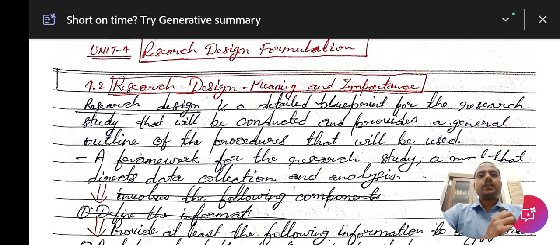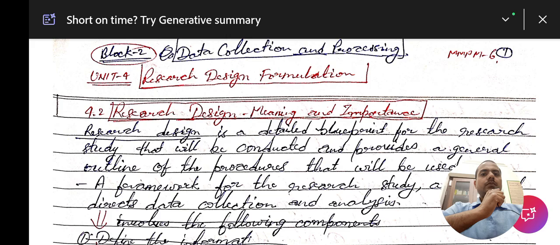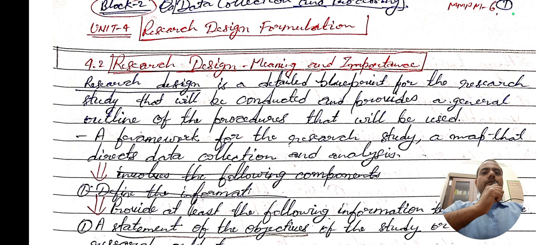In this session, I'm going to discuss research design formulation, that is the fourth unit of Block 2 of MMPM-6. Okay, so unit 4, research design and formulation. Research design is a detailed blueprint for the research study that will be conducted and provides a general outline of the procedures that will be used.